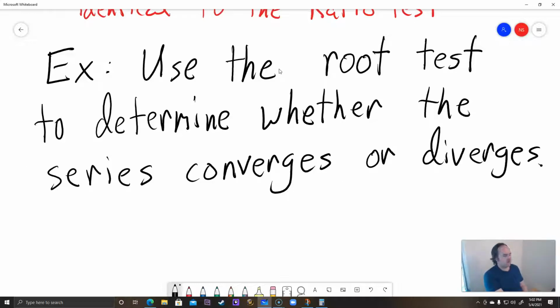Okay, and for our first example, we're going to do a relatively easy one involving the root test.